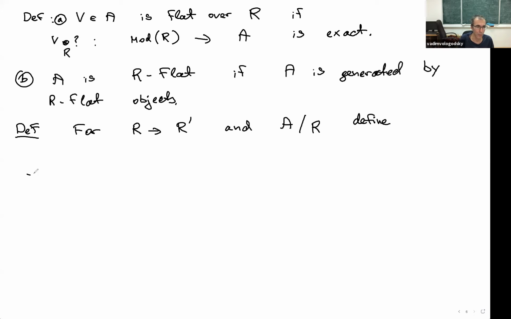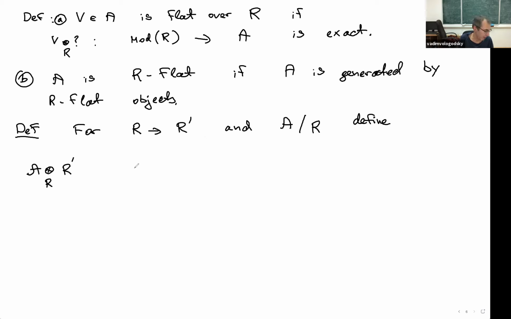the tensor product. And again, the correct definition should have the property that if A is a category of modules over some associative algebra over R, then this tensor product should be the category of modules over the associative algebra A tensor with R prime over R. Right.